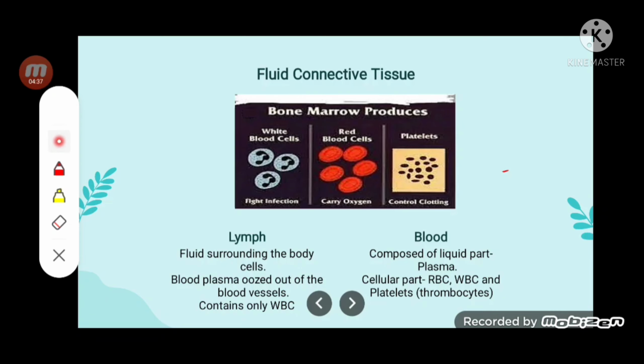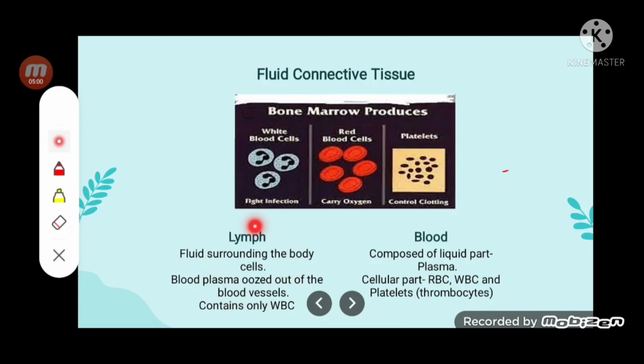And lymph. Now the second part is lymph. What is this lymph? It is the fluid which surrounds the body cells, and it is the liquid which oozes out of the blood. So it is blood plasma oozed out from the blood vessels, but it comes with the white blood cells.